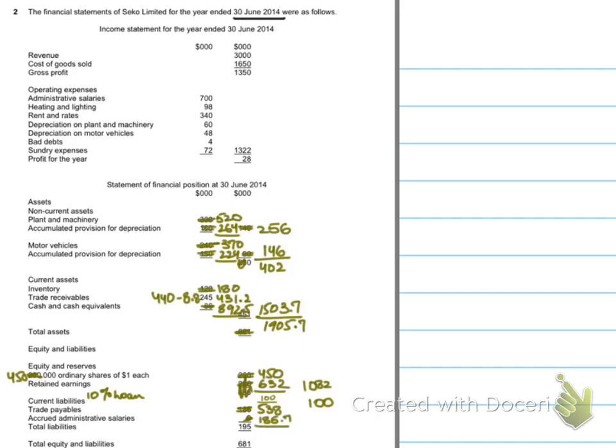You add this up as well, you get 723.7. Finally total this up and you get 1905.7, and your budgeted statement of financial position has been balanced.